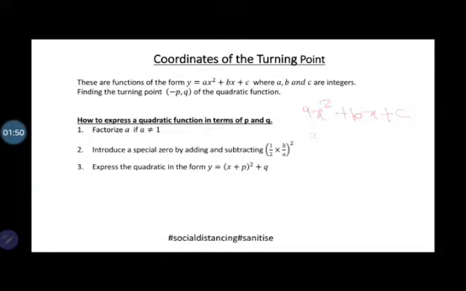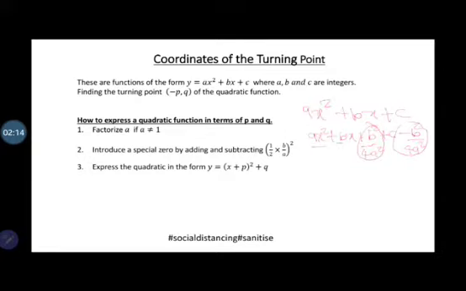If I add this, I'm going to have plus b squared over 4a squared, plus c minus b squared over 4a squared. Now this and this, when I put them together, will just give me a 0.